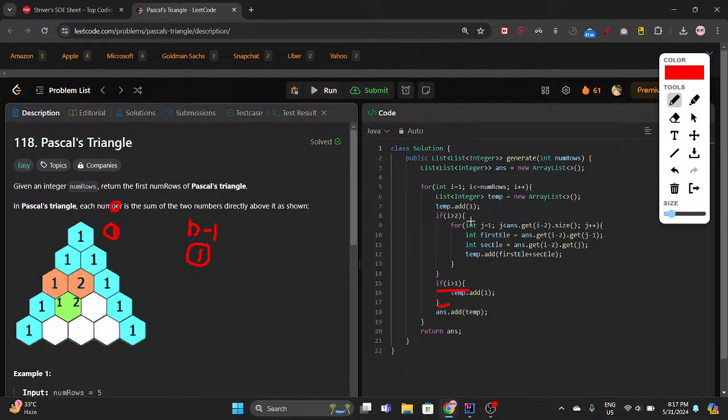If I is greater than 1, okay, if I is greater than 2, this means all the previous values will be added. The first one is added, all the previous values are added, then another one is added.